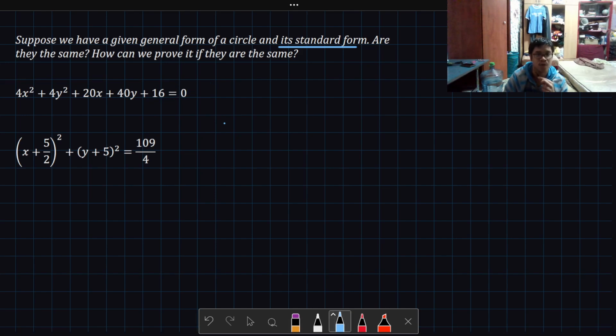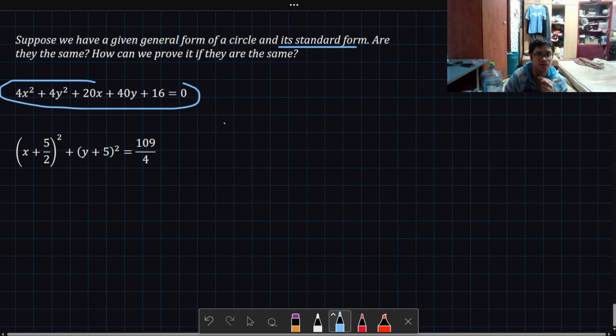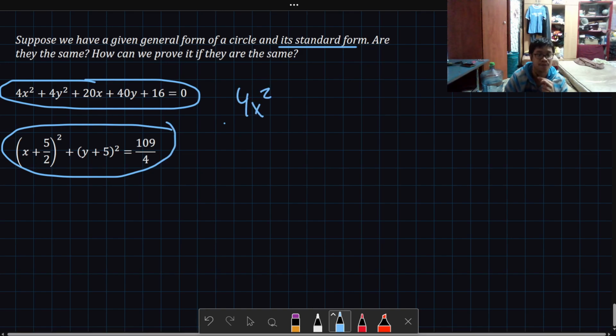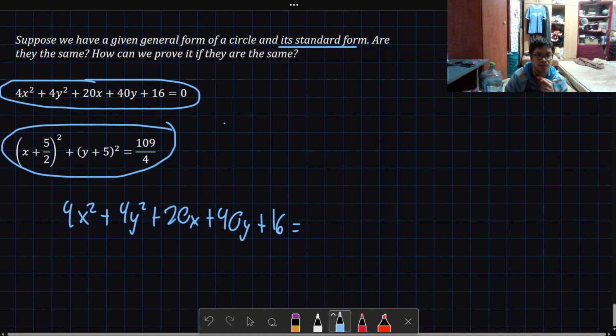First way, we convert the given general form to its standard form, and let's take a look if it's the same as the given standard form here. Let me write it here. We have 4x squared plus 4y squared plus 20x plus 40y plus 16 is equal to 0.